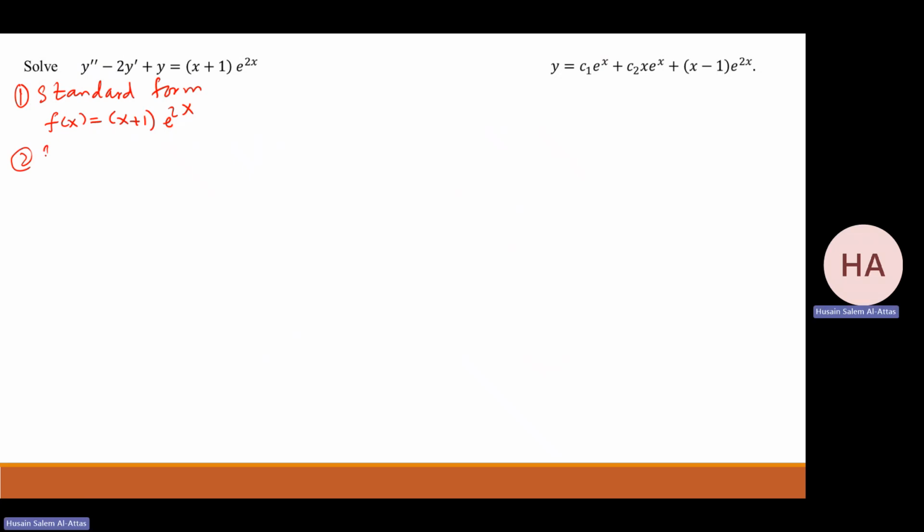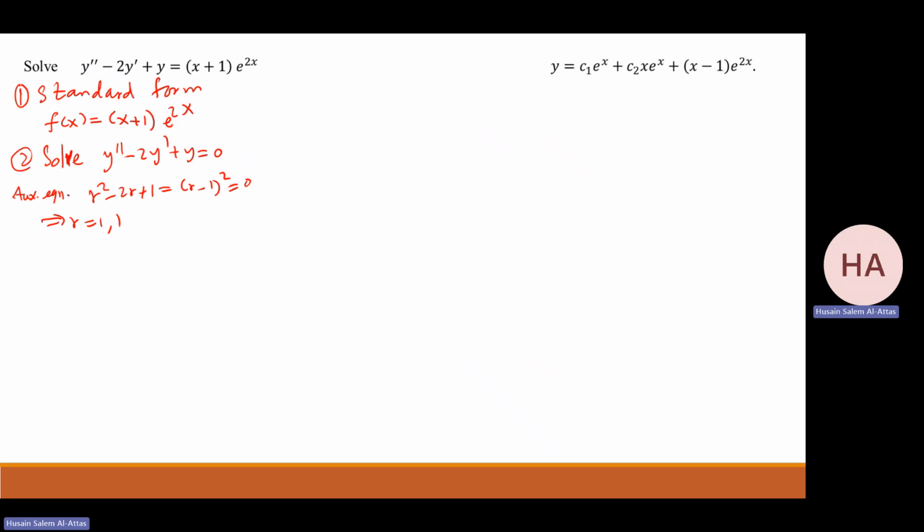Second step: solve the homogeneous equation. I need the first step to find f of x, and I need the second step to find y1 and y2. Solve the homogeneous: y double prime minus 2y prime plus y equals 0. What's the auxiliary equation? r squared minus 2r plus 1, which is (r minus 1) squared equals 0. So you have r equals 1, 1.